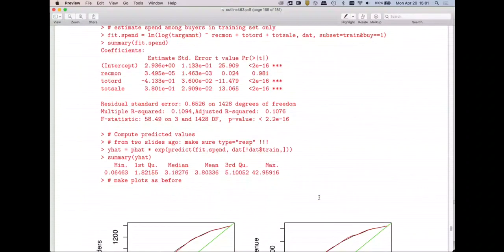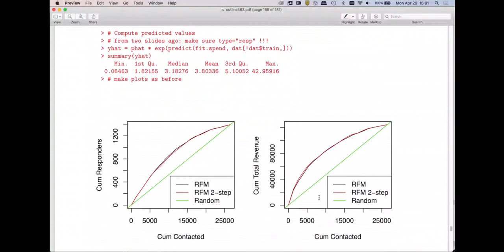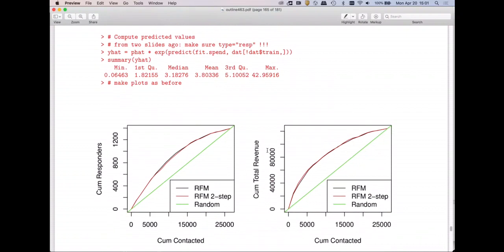And then we could look at our gains tables, or we could look at our gains charts. I decided to make some charts here, and I didn't give you the code. Just take the code I had before and use it. And so the conclusion here is there's not much of a difference between these two models. So in this case, doing the two-step model did not help me much. Didn't help me in either case.